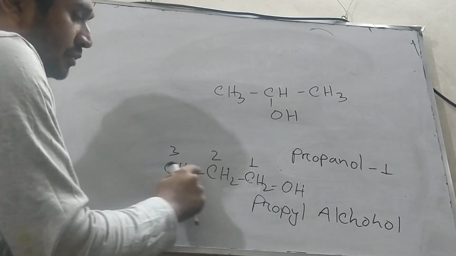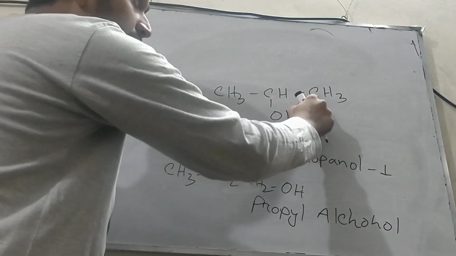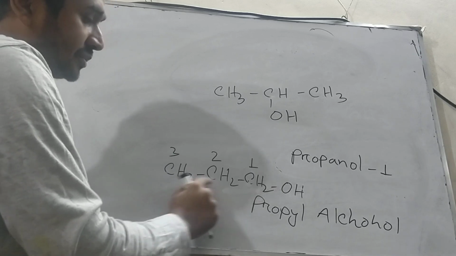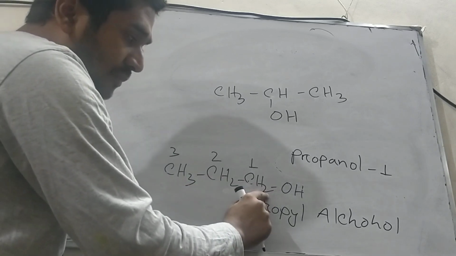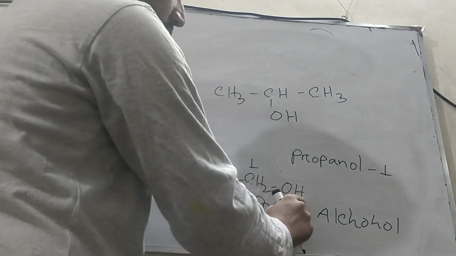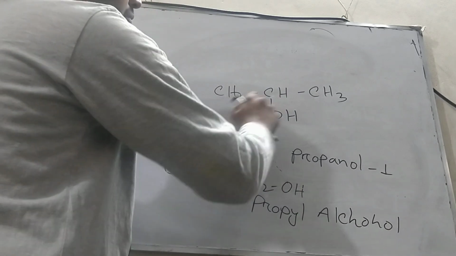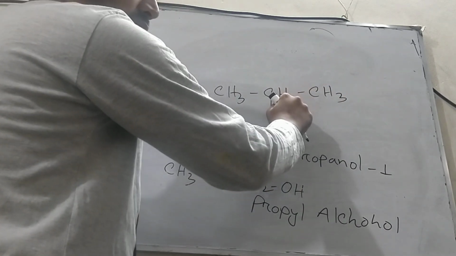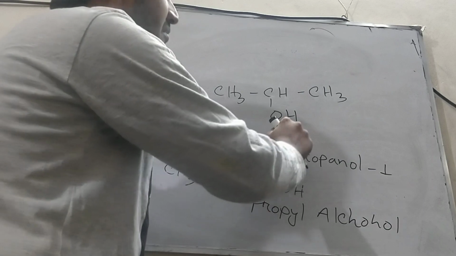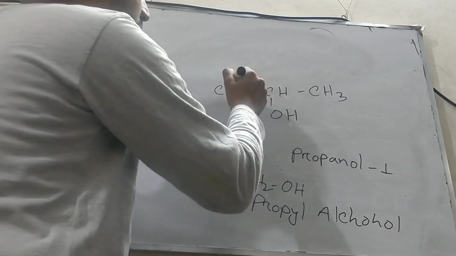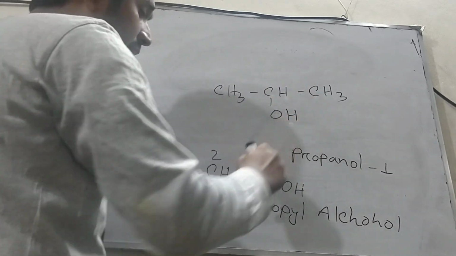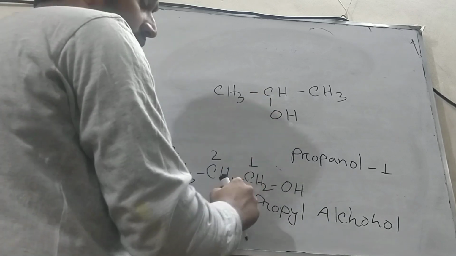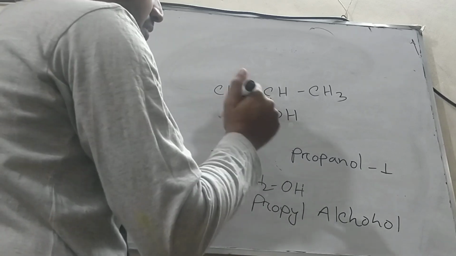Again the number of carbon is 3, here is also 3. The number of hydrogen is 8 in both. So the number of carbon, hydrogen and oxygen is the same here and there.